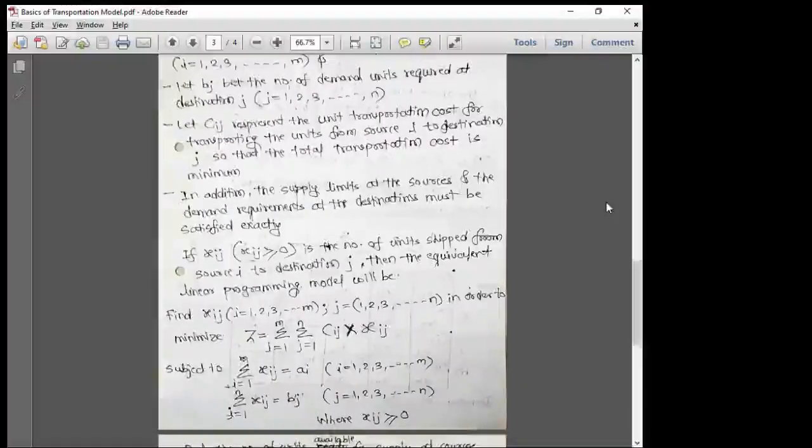So let's check this with the example. I have factories in Pune, Pimpri Chinchwad, and Mumbai, and I have four warehouses at different locations, let's say Kasbapet, Akurdi, Mulund, and Kalyan.